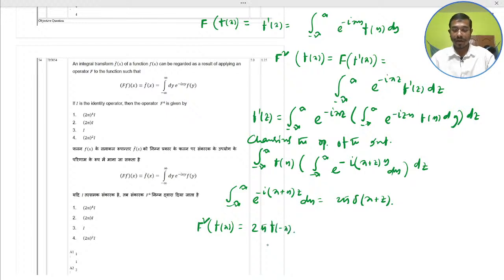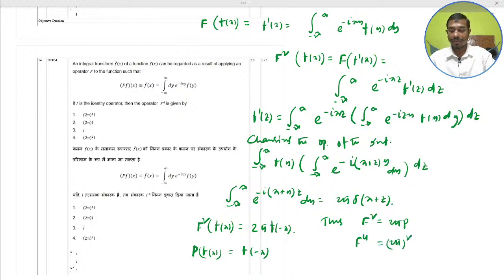Now the parity operator is defined as P of f(x) equal to f of minus x. Thus F square is twice pi P. Substitute F square for F to the power 4: twice pi whole square P square, simple.